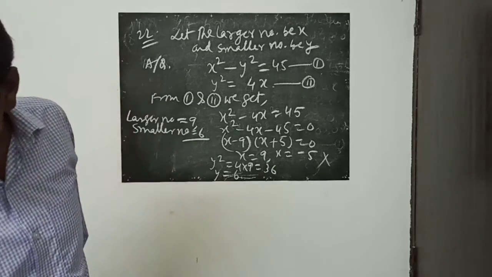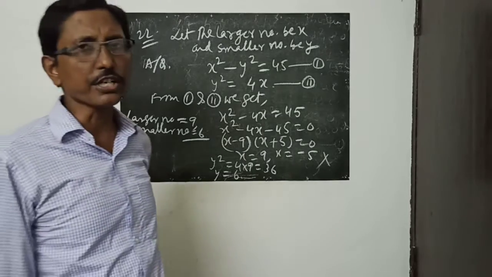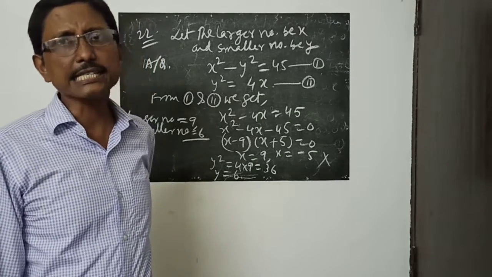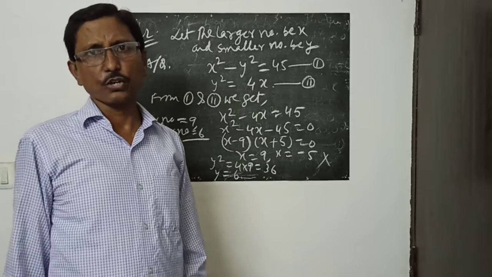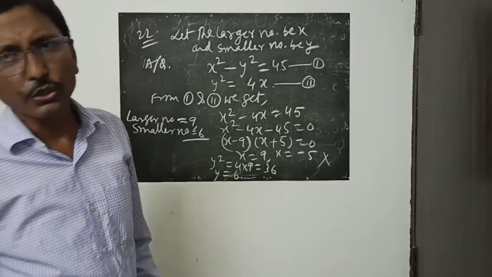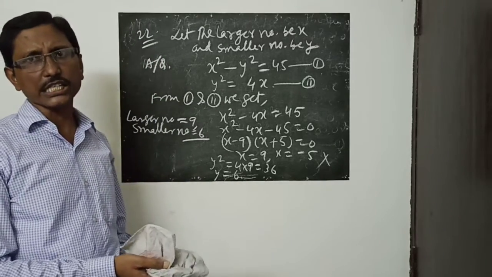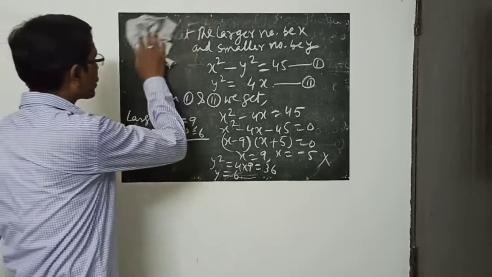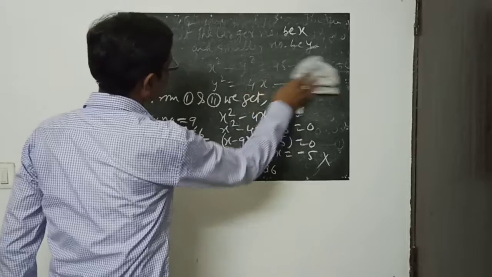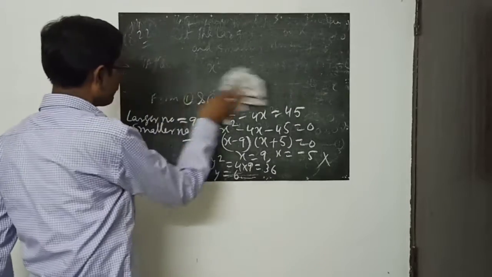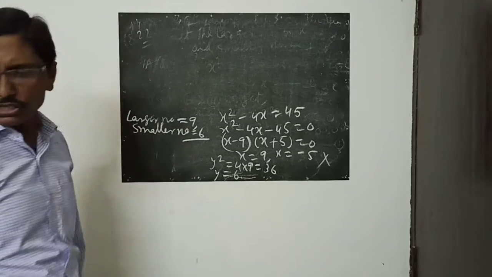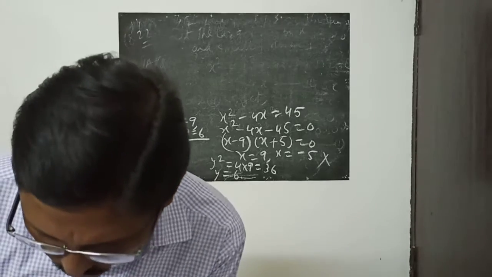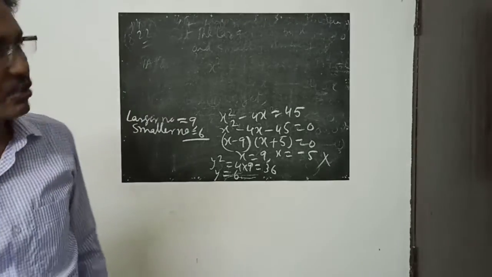So in this way, one more important type of problem is the 2-digit problems. 2-digit problem means we know the number contains 2 digits, a unit digit and a ten's digit. In linear equations in two variables also, we have discussed those types of problems. Here also, first we will suppose like that. A 2-digit number is 4 times the sum of its digits.